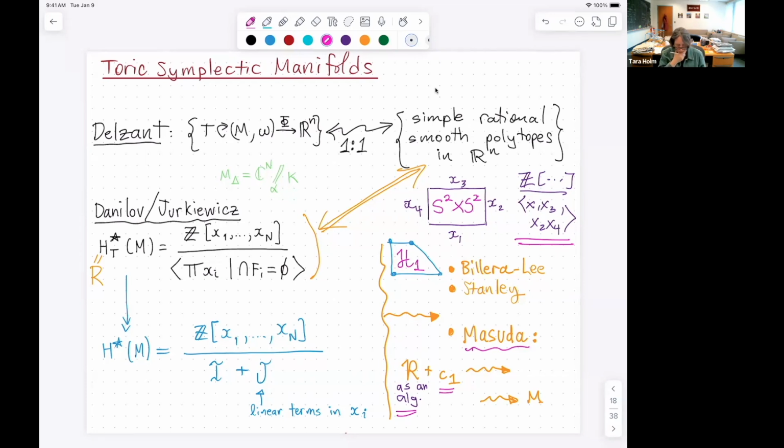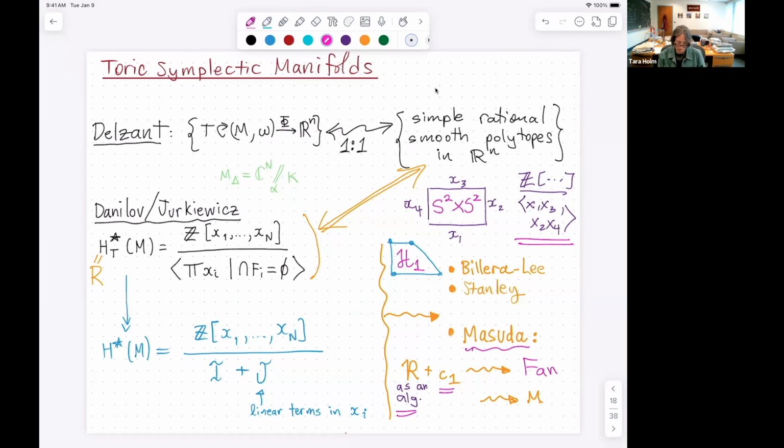But if you have this ring as an algebra and the Chern class, from that you can reconstruct the fan. Actually, no, sorry, not the polytope. Precisely not the polytope. You can reconstruct the fan. It's impossible to reconstruct the symplectic structure just from the cohomology ring. But then you can reconstruct the manifold up to diffeomorphism.